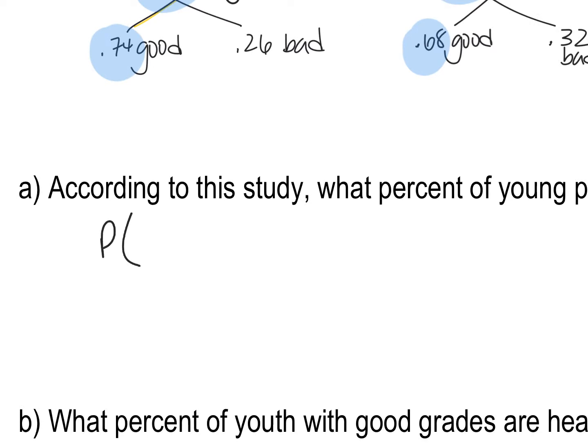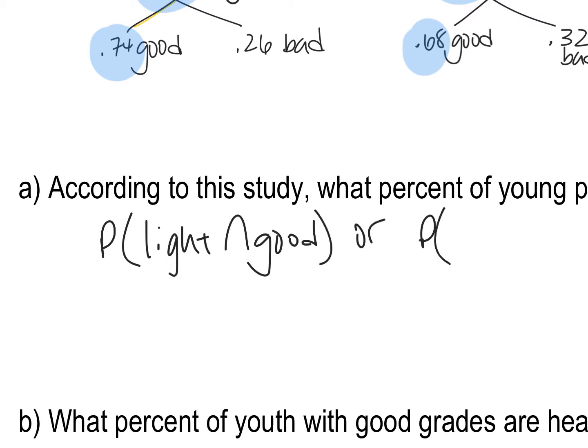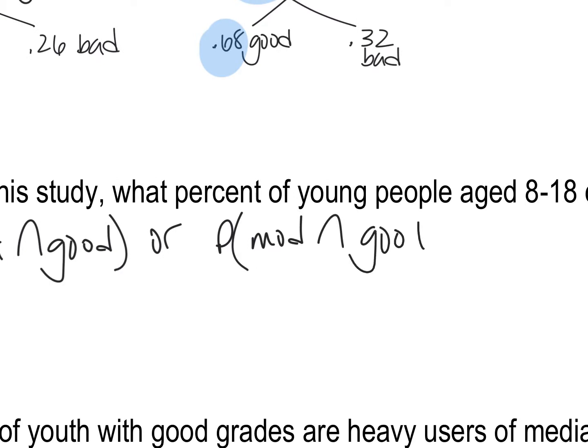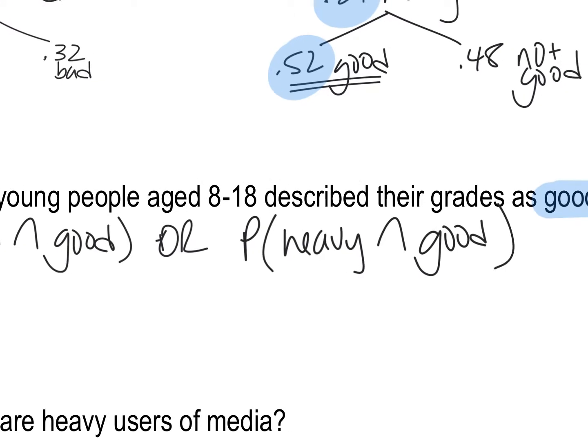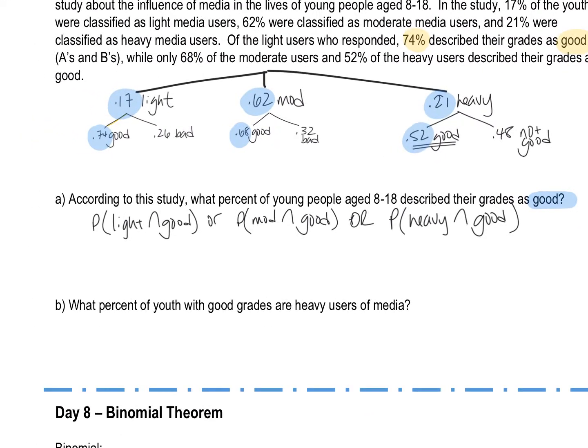It's probability of being a light user and having good grades, or probability of being a moderate user and having good grades, or which is plus, probability of being a heavy user and having good grades. So those are the 3 different ways to be categorized in this tree as having good grades.